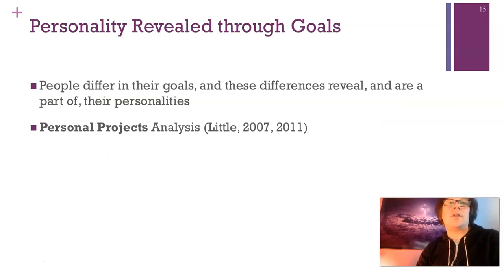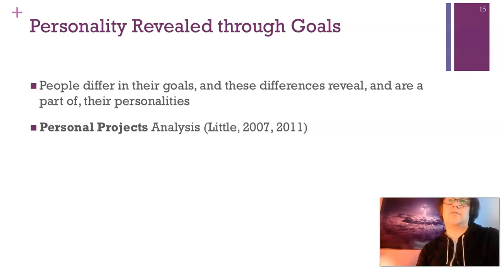Okay, so another part of perception deals with goals, the different goals that we set for ourselves. People differ in their goals, and these differences are part of a person's personality, at least according to personality psychologists.